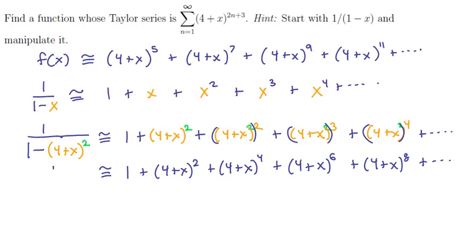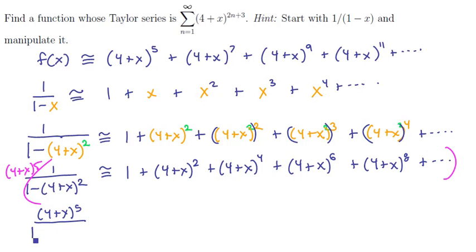So we could simply take our power series right here for the function 1 over 1 minus (4 + x) quantity squared and multiply it by (4 + x) to the power 5. If we multiply everything through by that, on the left-hand side we're going to get (4 + x) to the 5th power over 1 minus (4 + x) quantity squared.